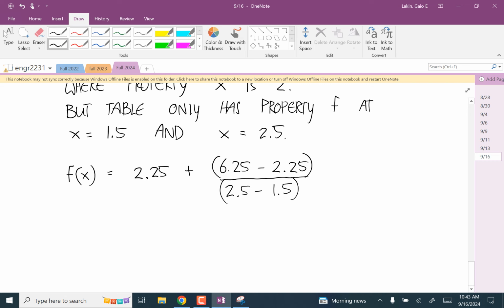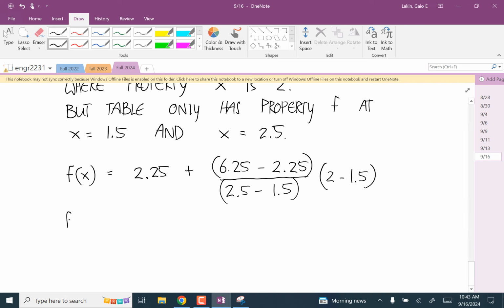So that's the slope of the line. And then we're going to multiply it by the x value we want minus x1. Any questions about that yet?